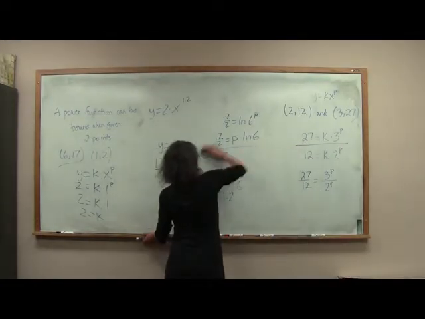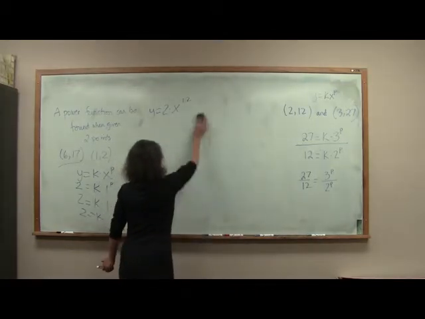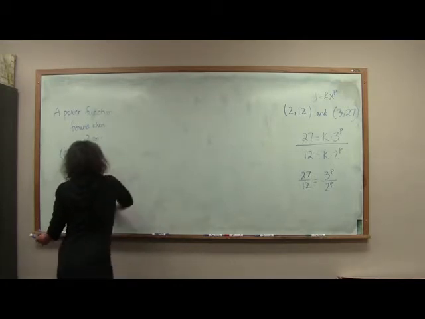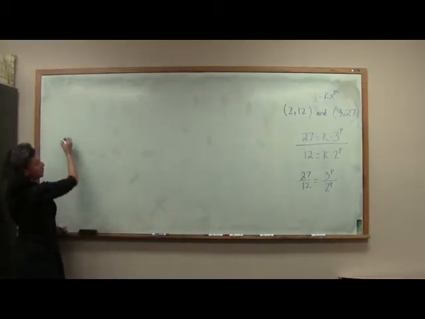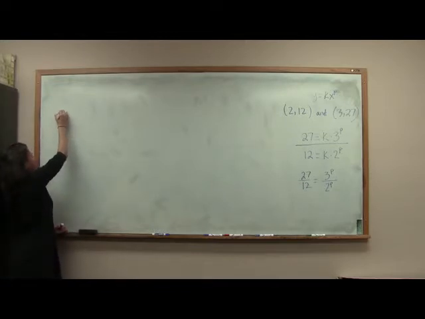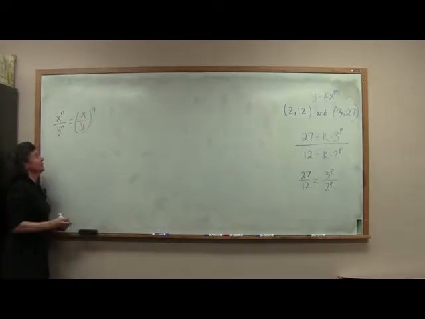Now, I'm going to use a property of exponents, which I'll write to the side here. Property of exponents, remember x to the n over y to the n is x over y to the nth.